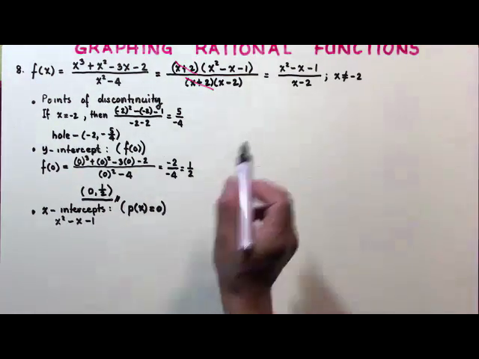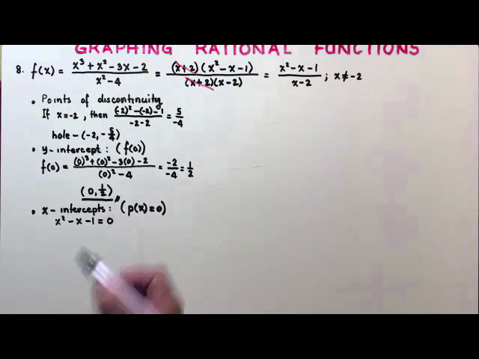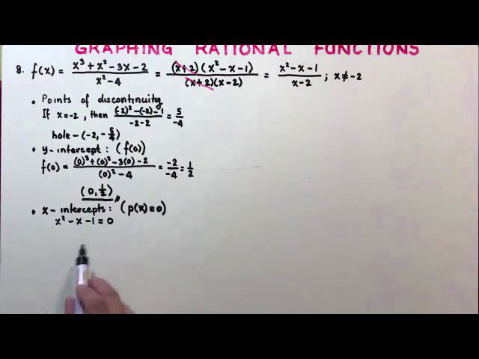This is the polynomial in the numerator, and we equate this one to 0 just to find the x-intercepts, if there's any. And since this is a quadratic, and I know that the roots are not rational because you find it difficult to factor this one, the factors of negative 1 to get negative x.